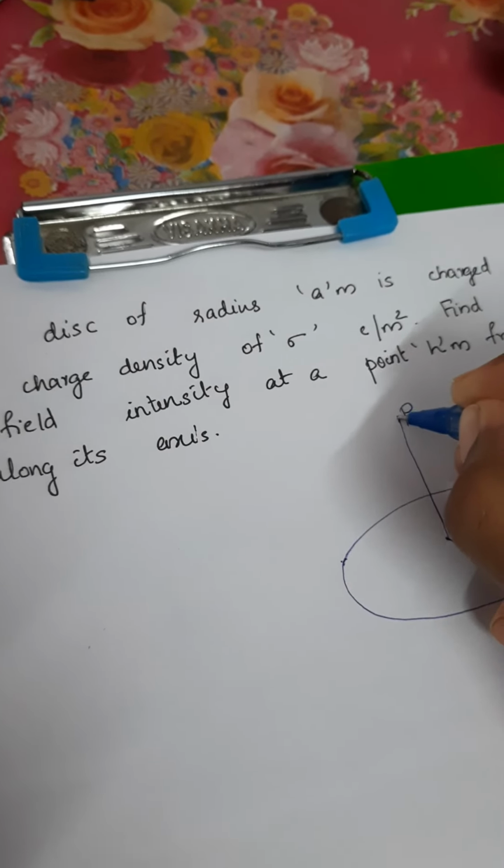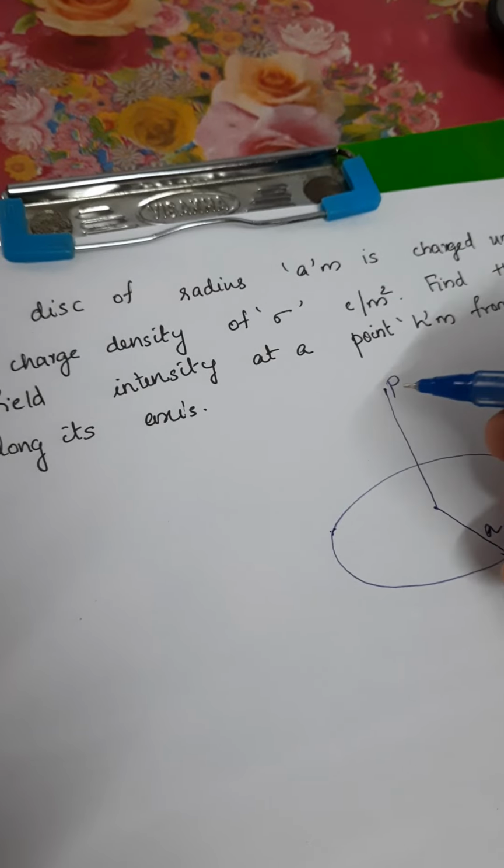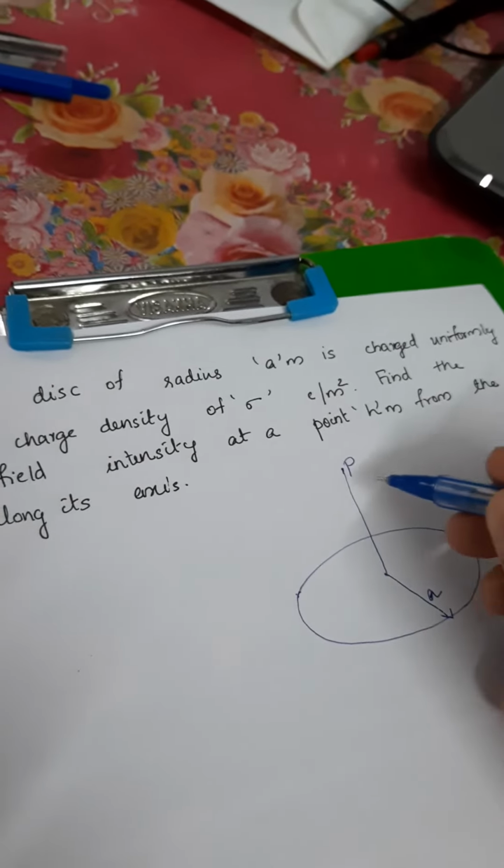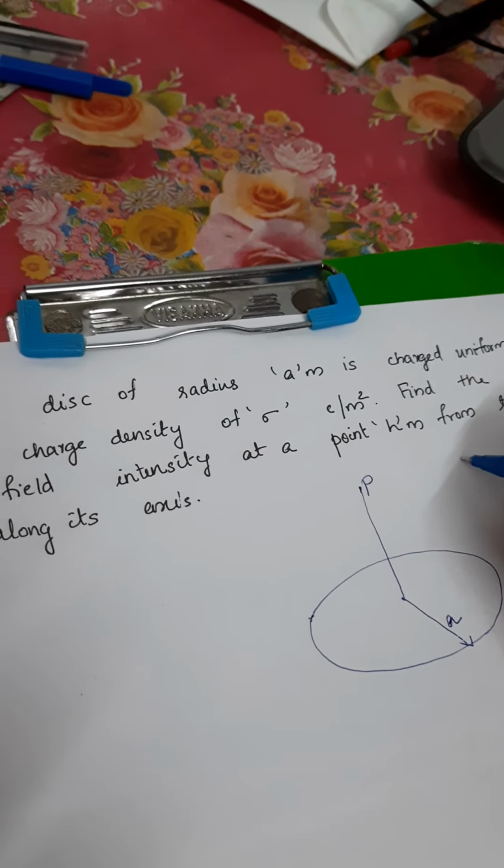This is point P. So at this point we have to find the electric field intensity, and this is at h meter from this circular disk.